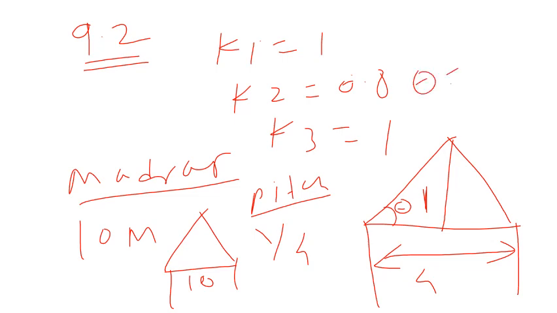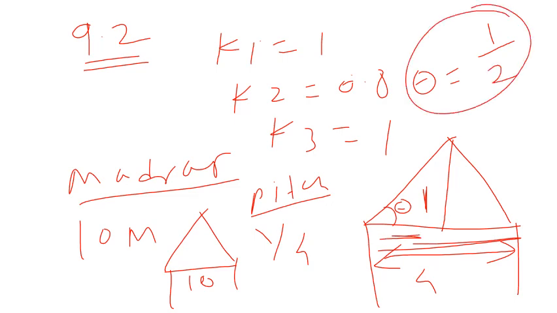So theta in this case will be 1/4, this total is 4, so this will be half, 1 by 2, and we need to take the tan inverse of this. So we need the roof angle, and if we take the tan inverse of this it will come to 26.56 degrees. So from the pitch we need to find out the angle.